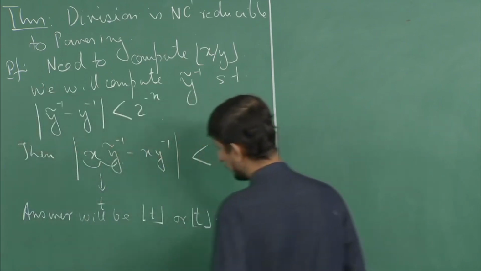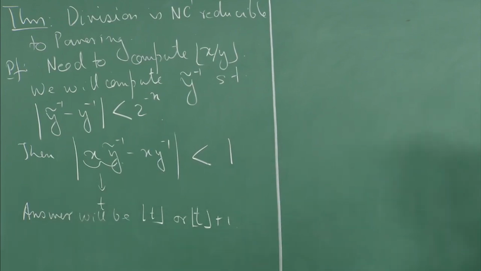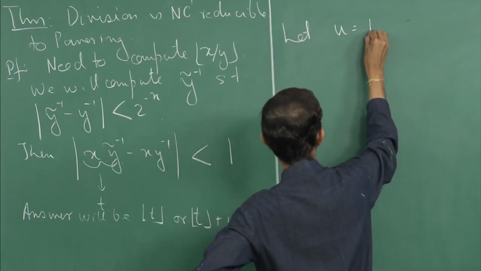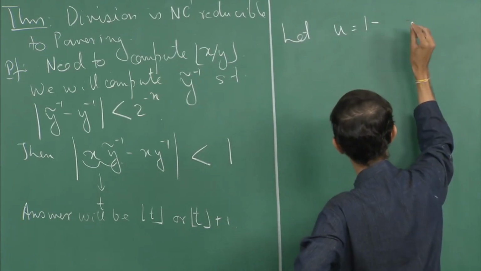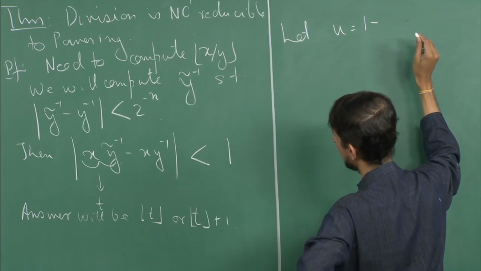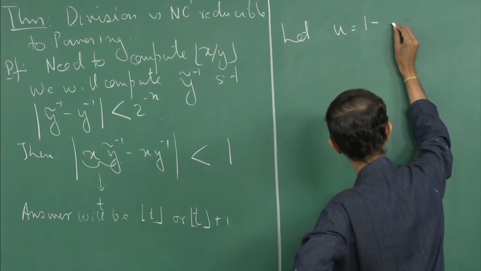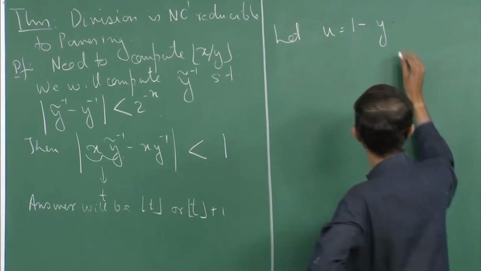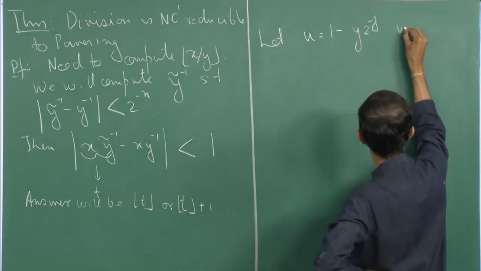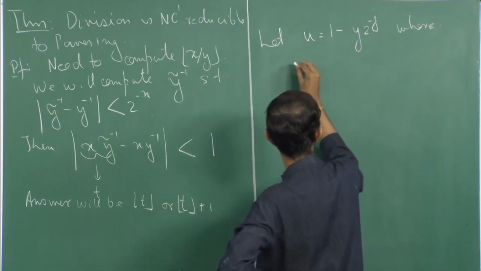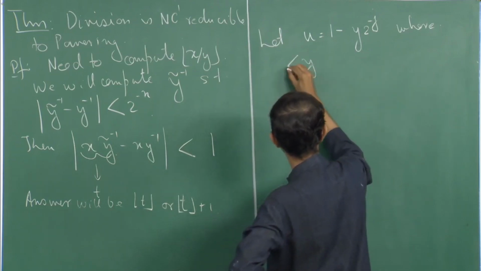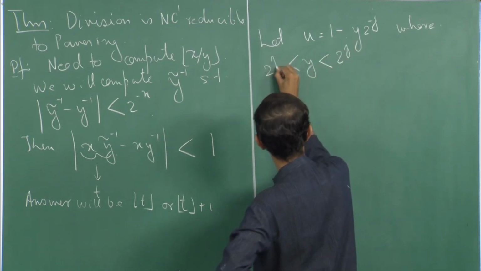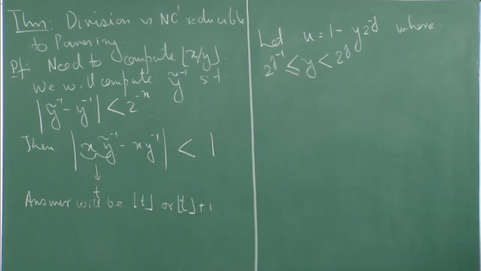Now, how do we compute y tilde? Let u be equal to 1 minus 2 to the power minus j, where y is an integer that is less than 2 to the power j and greater than or equal to 2 to the power j minus 1.